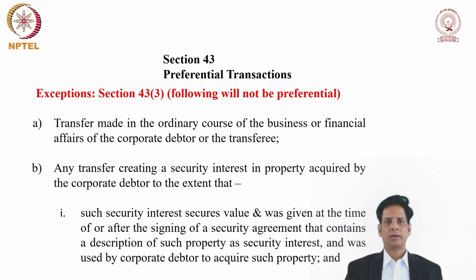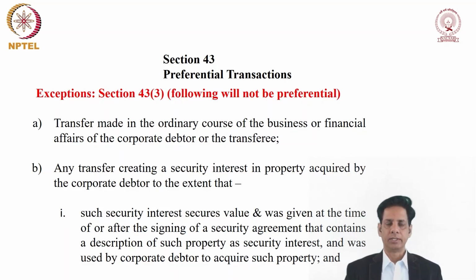Now, if I am a real estate company, I am into the business of buying and selling properties. I might sell a certain property to a certain party depending on the market scenario at a price which is less or more. But it is my ordinary course of business. I have not done any favor to any creditor. Hence, such a transaction will not be termed as a preferential transaction.